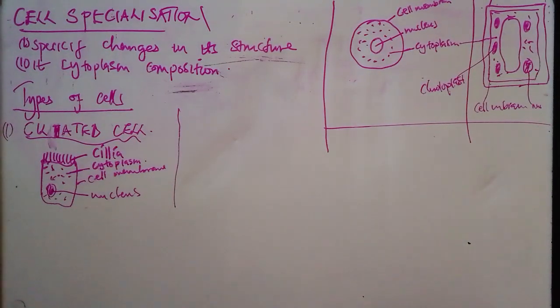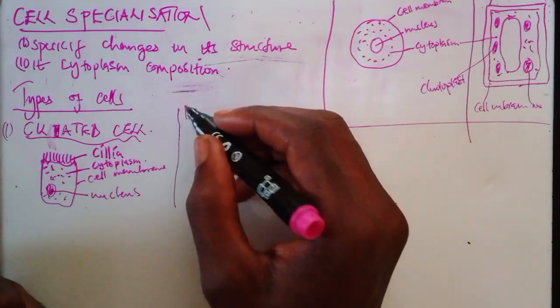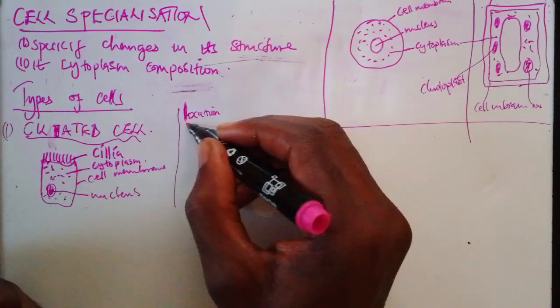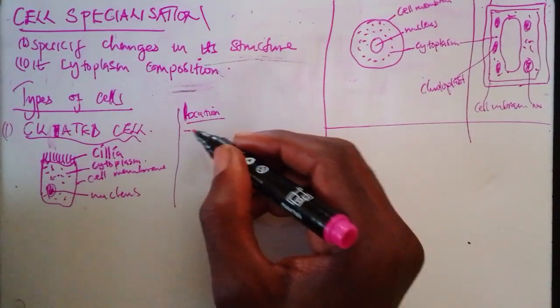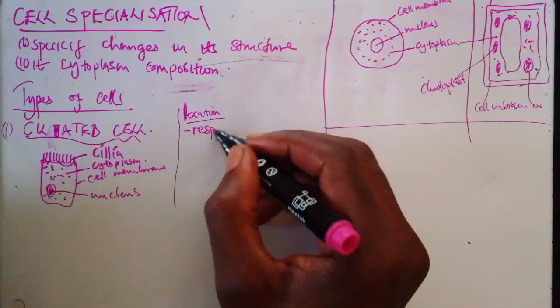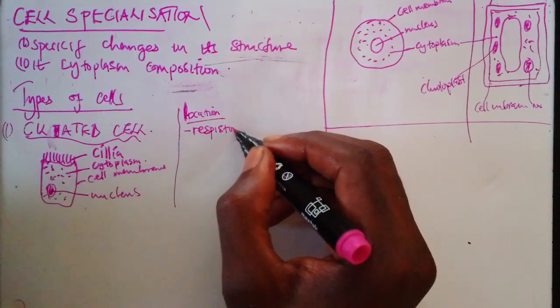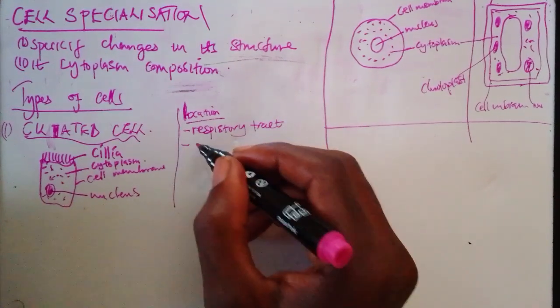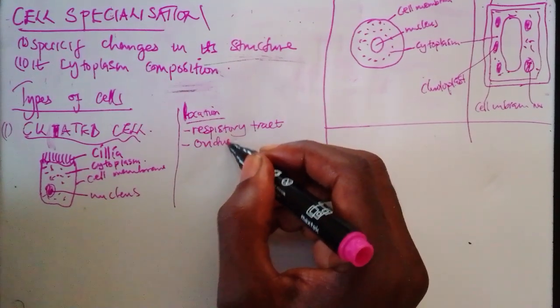The ciliated cell is basically found in two places. We are talking about the location now. One, it is found in the lining of the respiratory tract. Then two, it is found in the oviduct.